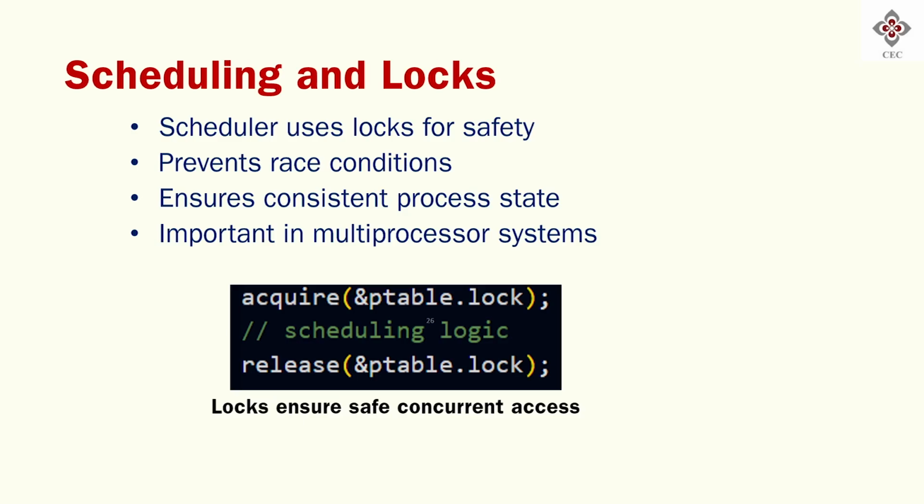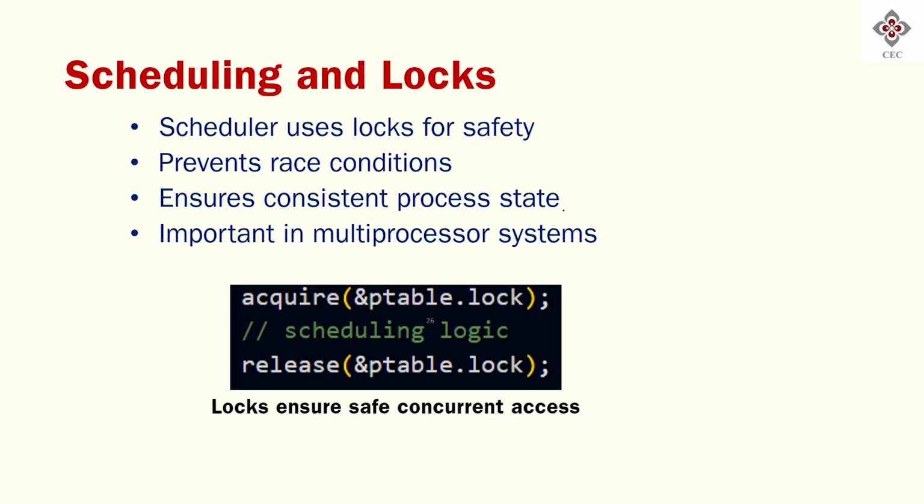So, it ensures consistency in the process state, and it is very important in multi-processor systems, where multiple processes are running at the same time. So, locks ensure safe concurrent access. Whenever we call acquire to lock, then after completing we release the lock by calling the release function. The same logic applies here.